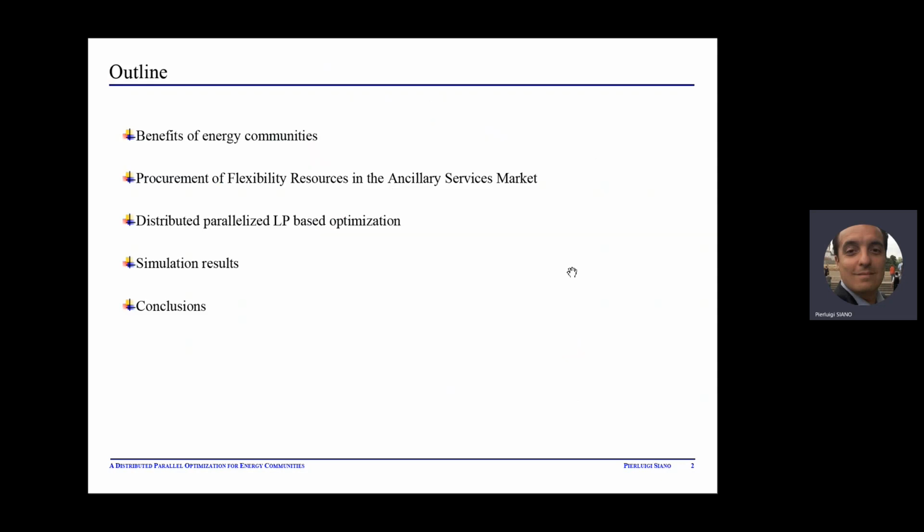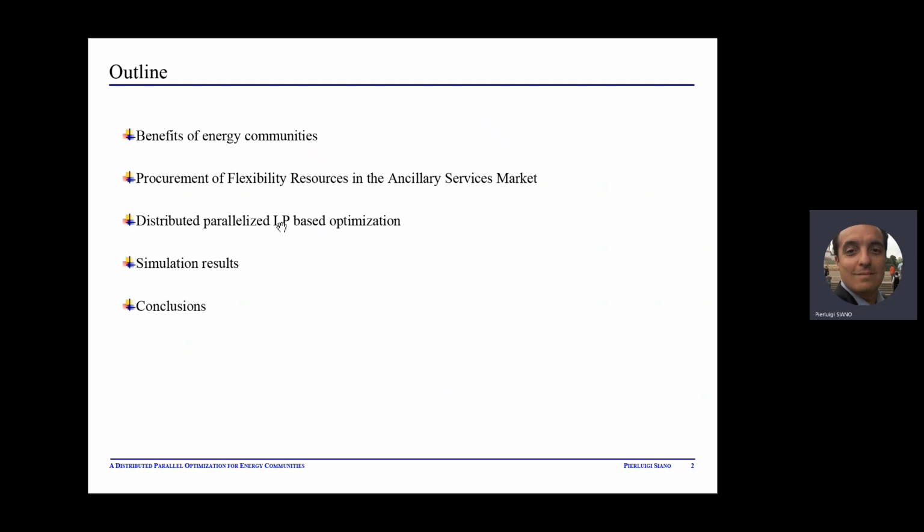In this presentation, after introducing the benefits of energy communities and the procurement of flexibility resources in the ancillary services market, I will present an architecture for the large-scale aggregation of prosumers that we have designed and developed at the University of Salerno in the context of an Italian pilot project to allow a community of prosumers to participate in the ancillary services market for providing flexibility, solving day-ahead and real-time optimization.